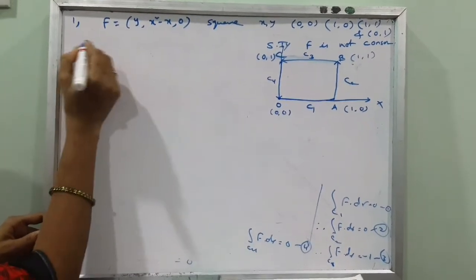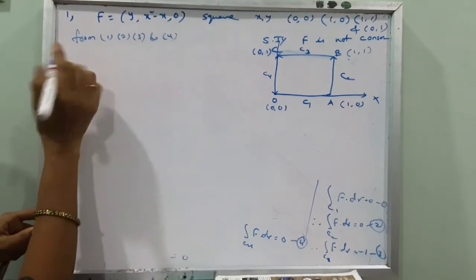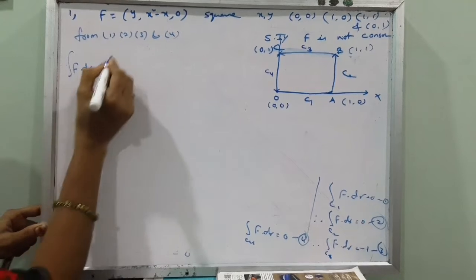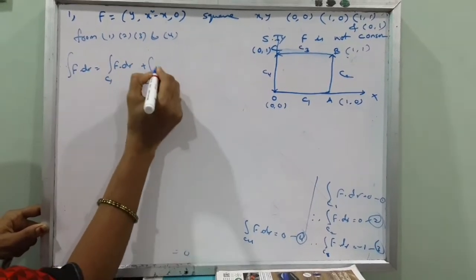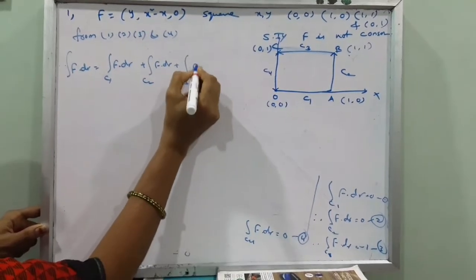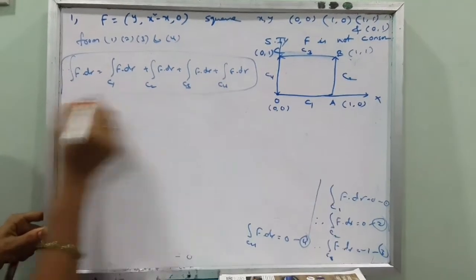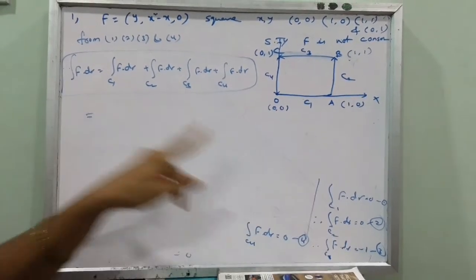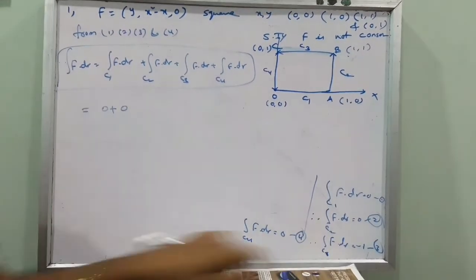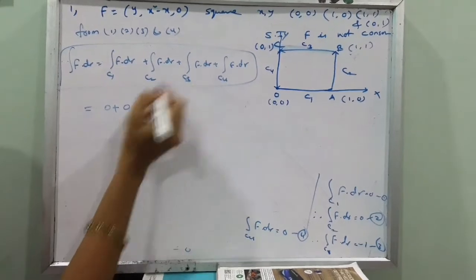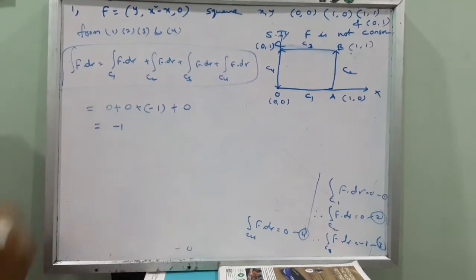Now from equations 1, 2, 3 and 4, the integral of f dot dr is equal to the integral along curve C1 plus along curve C2 plus along curve C3 plus along curve C4 of f dot dr. The C1 integral is 0, from equation 2 it is also 0, from equation 3 the C3 value is minus 1, plus C4 which is 0.